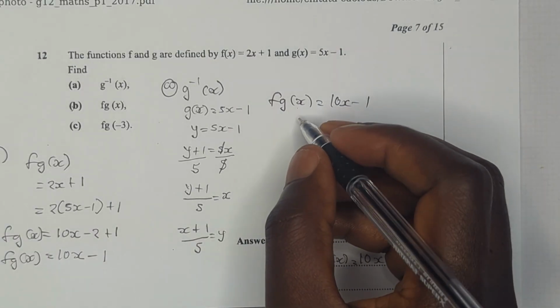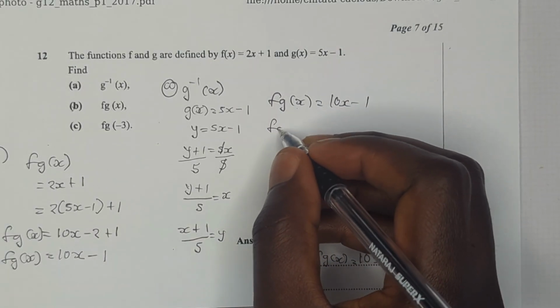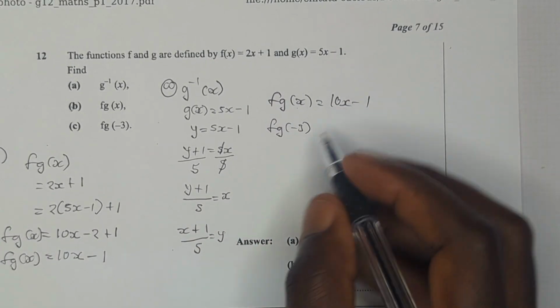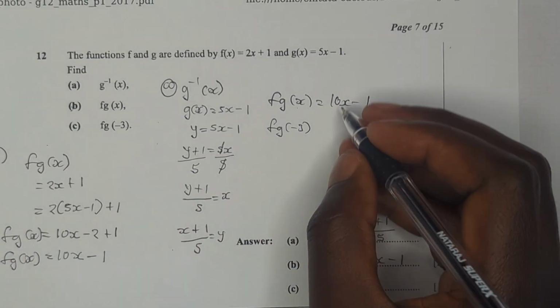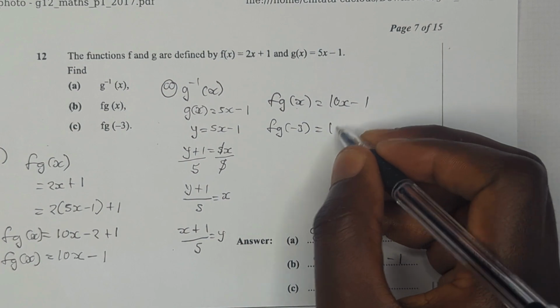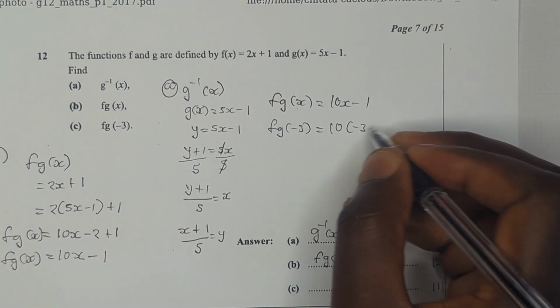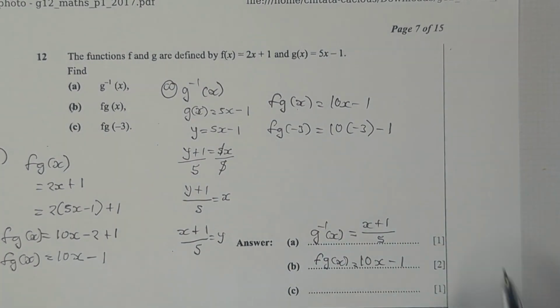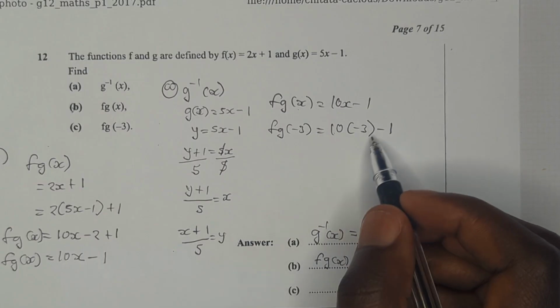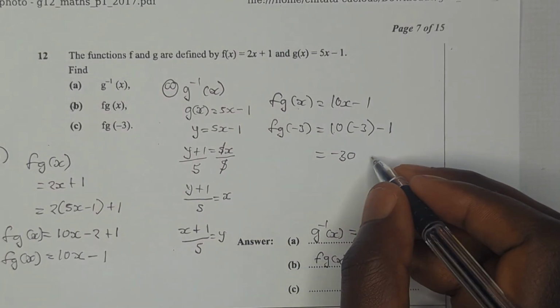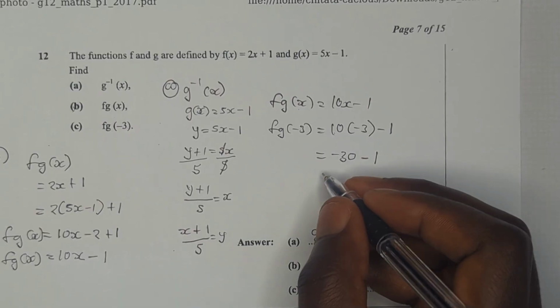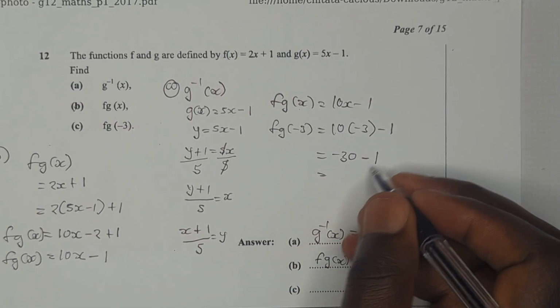When we are asked to find fg of negative 3, this means that where there is x, we are going to put negative 3. So this is 10, open bracket, negative 3, minus 1. 10 multiplied by negative 3 will be negative 30, minus 1.